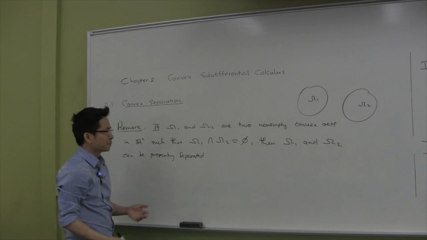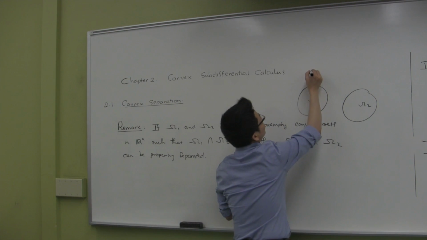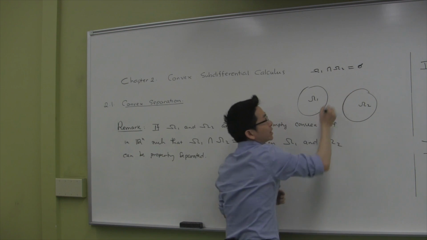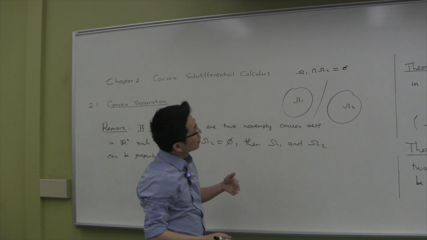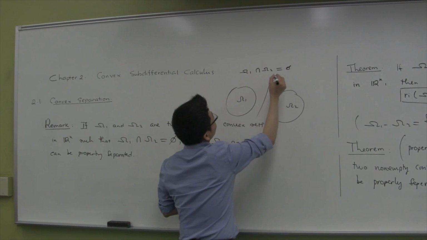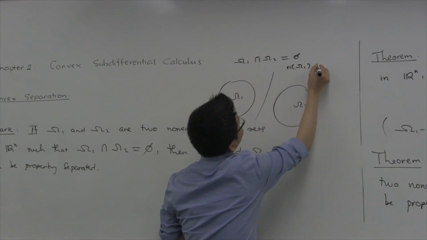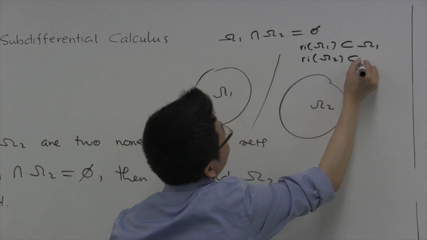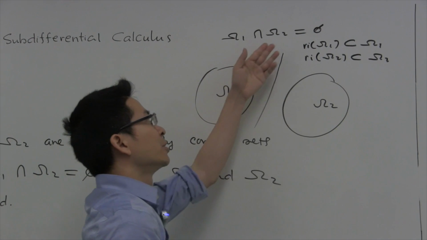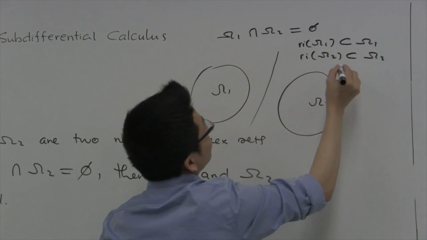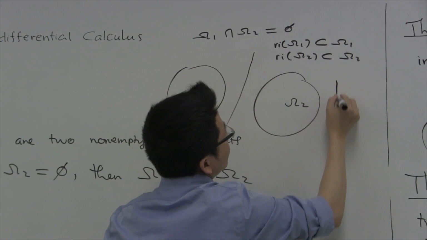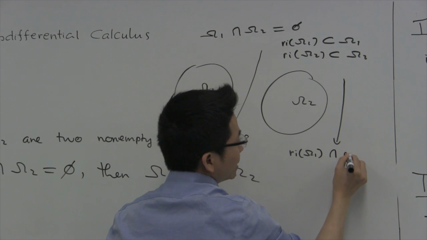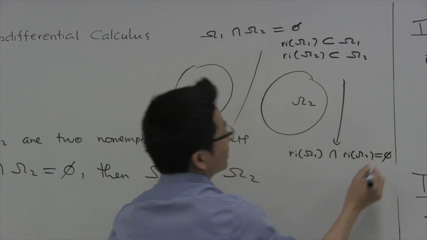Now if the intersection of omega 1 and omega 2 is empty, like in this situation, then because the relative interior of omega 1 is a subset of omega 1, and the relative interior of omega 2 is a subset of omega 2, from this property we see that the intersection of the relative interior of omega 1 and the relative interior of omega 2 is also empty.